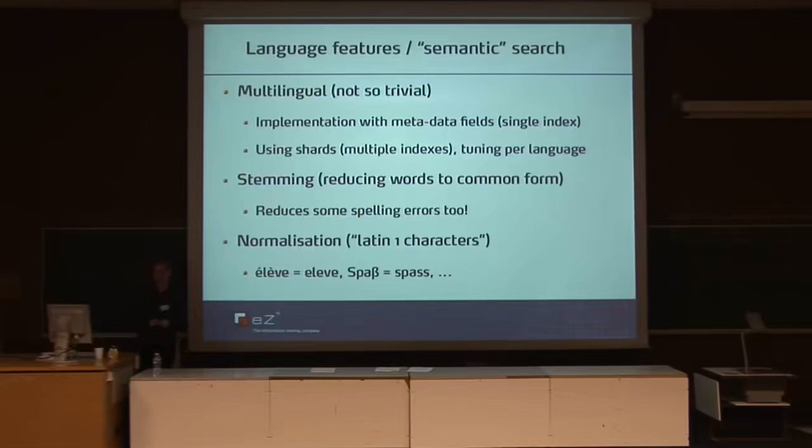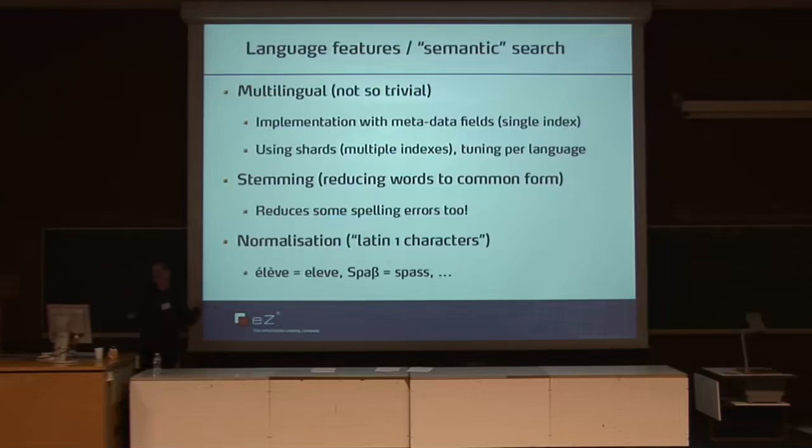It's an implementation with dedicated metadata fields, which provide just the language in which the page is indexed. That means that there is a common index for all the languages, and it has also some problems with the statistics used to provide the relevancy scores.